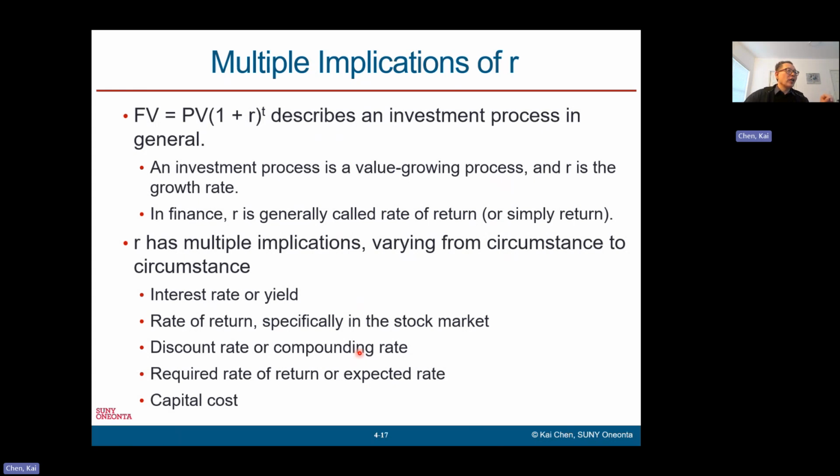In this case, we usually call the R the compounding rate. In reverse, if we know the future value and want to find out the present value, we call this reverse process the discount process. Under these circumstances, we can call the R the discount rate.